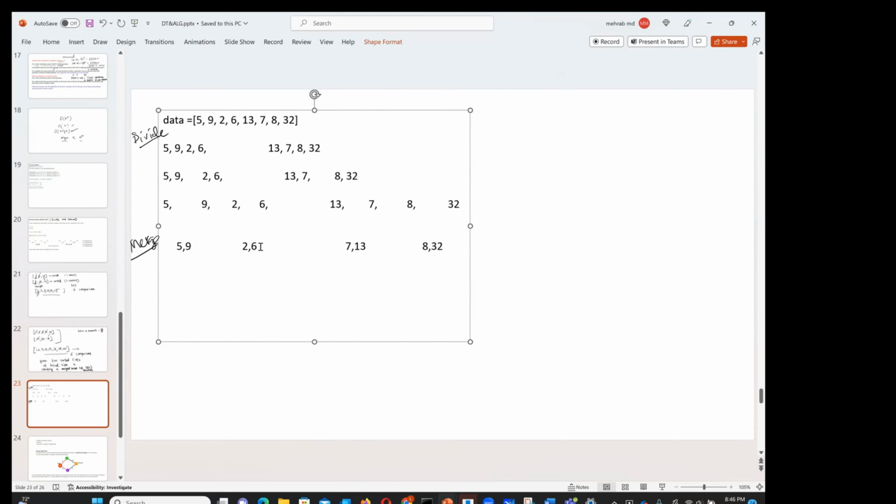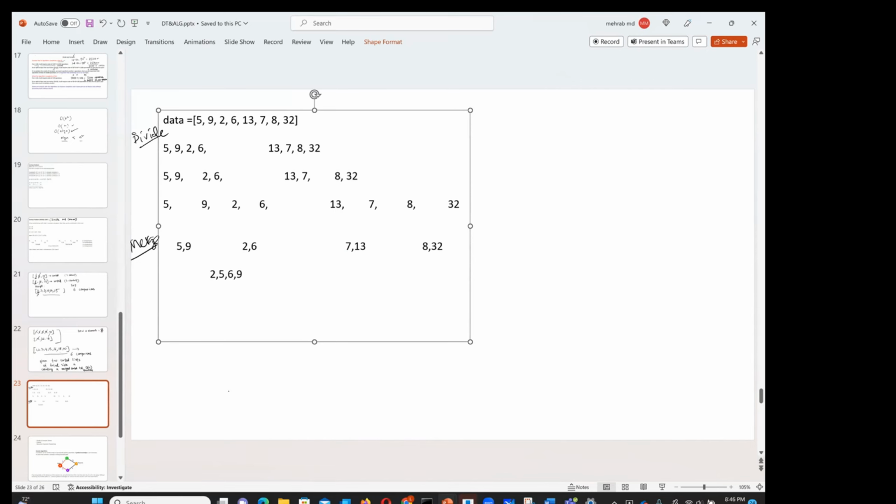5, 9, and 2, 6, right? So 5, 9, 2, 6. There are 4 elements in these two lists, right? If I merge them, it will look like 2, 5, 6, 9, right? How many comparisons will I need here? 3, right?